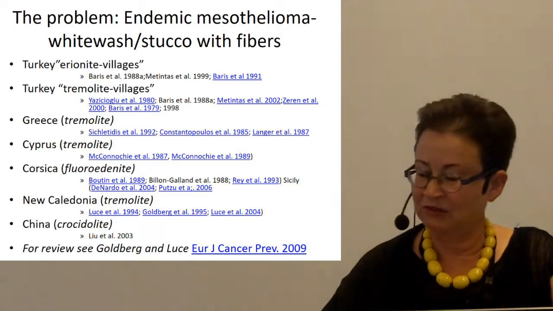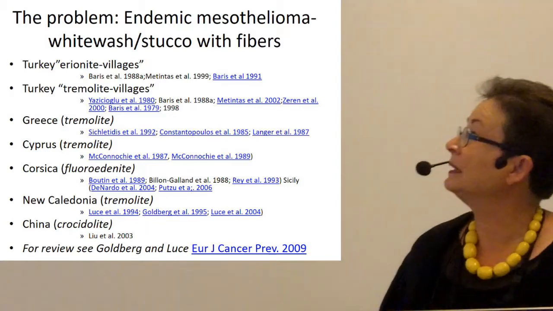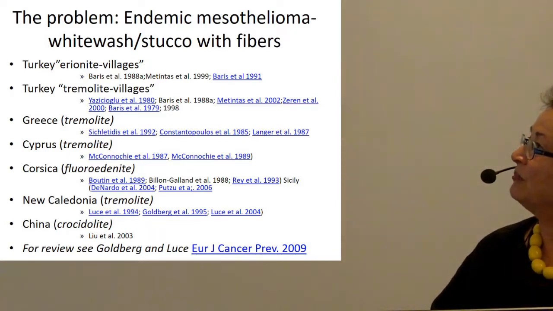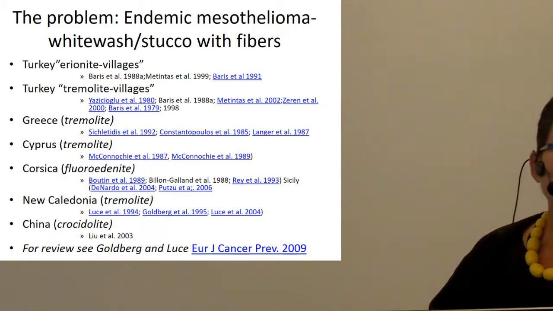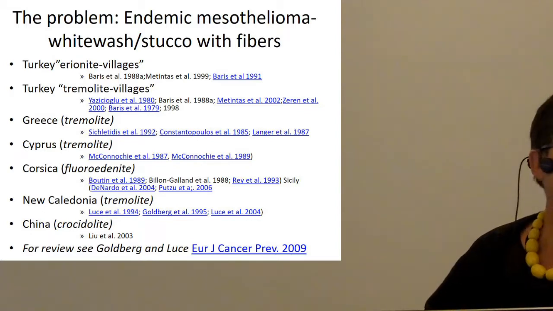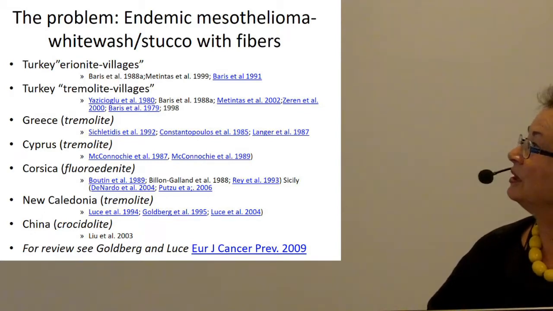It was the exposure to erionite, but it was also villages with tremolite in the material from the nearby mountains that they traditionally used to whitewash the houses or as stucco. Greece, Cyprus, Corsica. Corsica was another mineral, edenite.